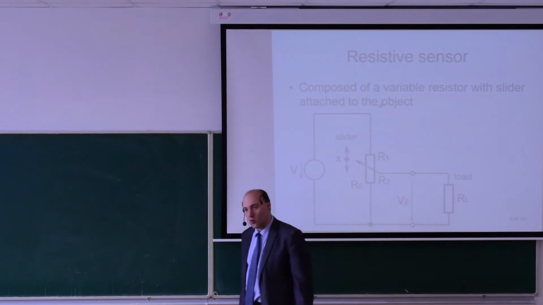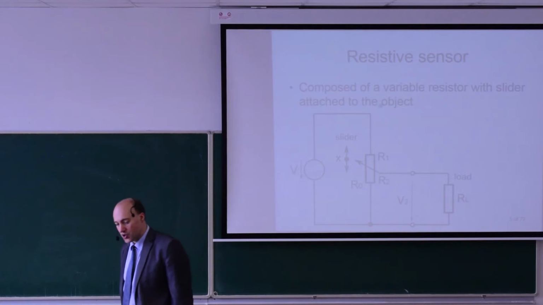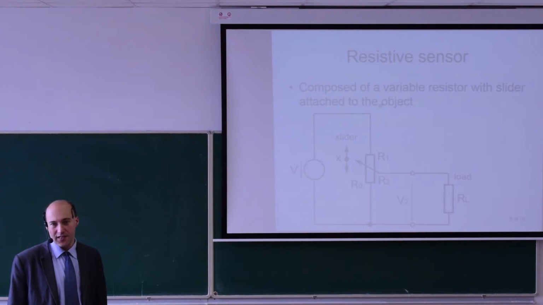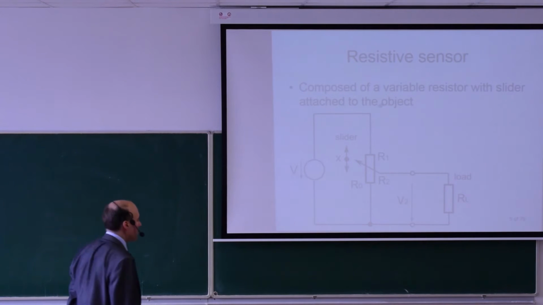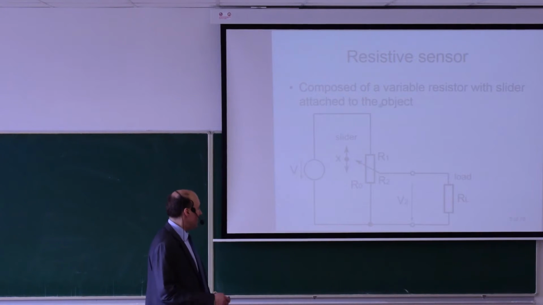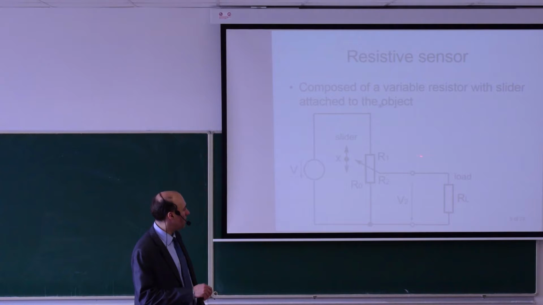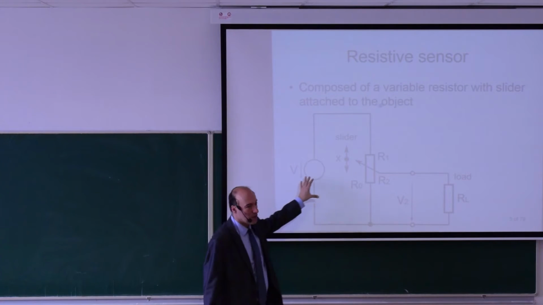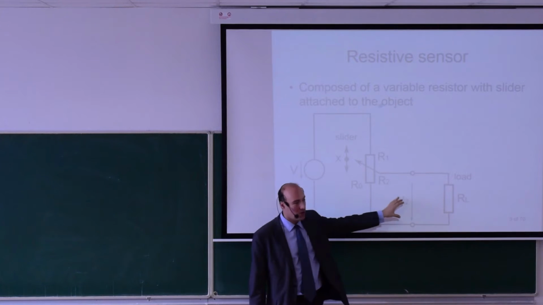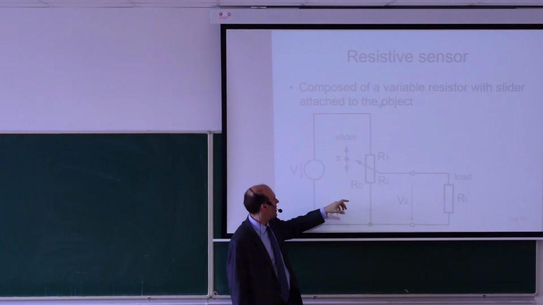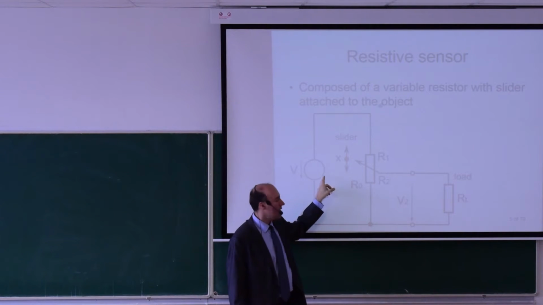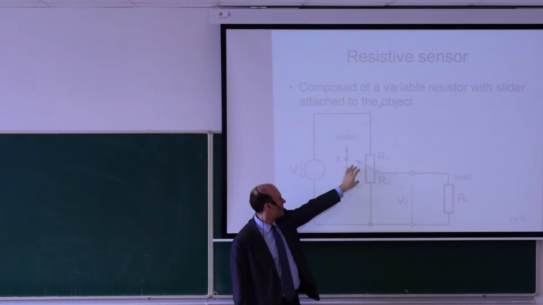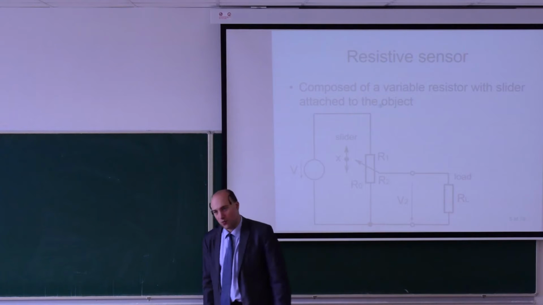I will call that the load, and we will see that unfortunately it will have a large effect on the steady state characteristic and on the properties of the connection. This connection is called a voltage divider. So you have some input voltage, and the output voltage will be a function of the input voltage, but also of R1 and R2. In other words, it's also a function of position. That's what we want.